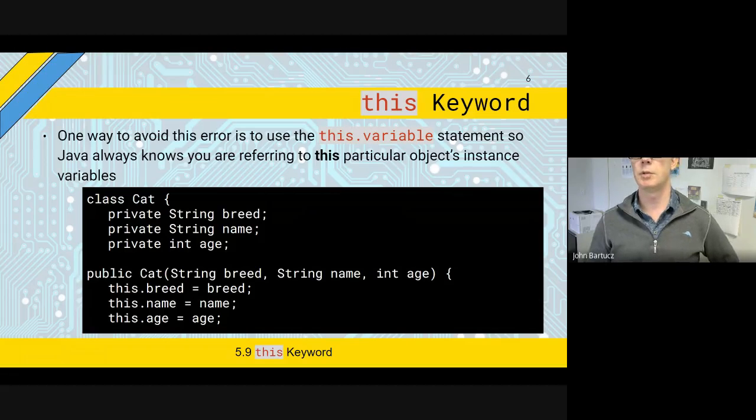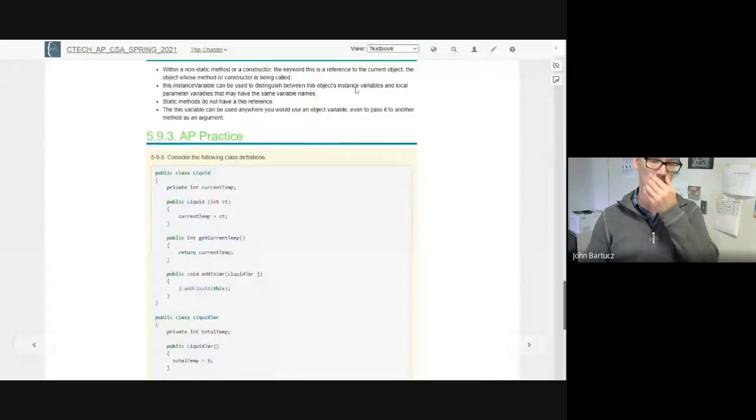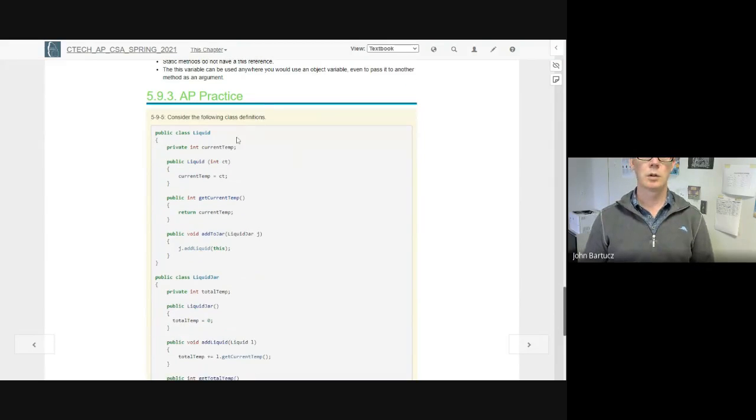Let me do this AP practice example from your assignment. Consider the following class definitions. You have a liquid and you have a liquid jar. Liquid has a current temperature. It has a constructor that sets the current temperature. It has a getter that gets the current temperature.